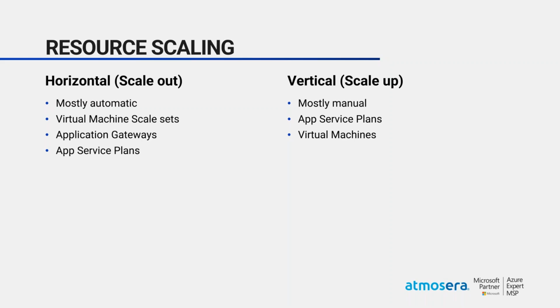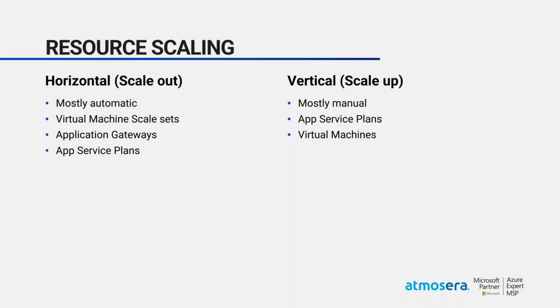When that load then drops down below a certain threshold, it will then shut down that additional application gateway. That way I'm not paying for 2 app gateways all month. I'm just paying for 1 all month plus the burst usage. App service plans are very similar, and so are virtual machine scale sets.